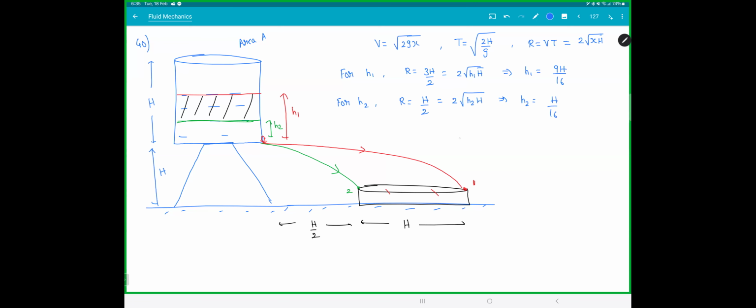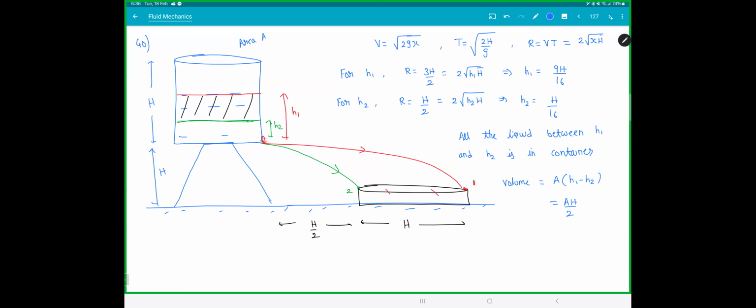So all the liquid between H1 and H2 is in the container. Therefore the volume collected will be A into H1 minus H2, which is Ah by 2. So literally half of the liquid is in the container.